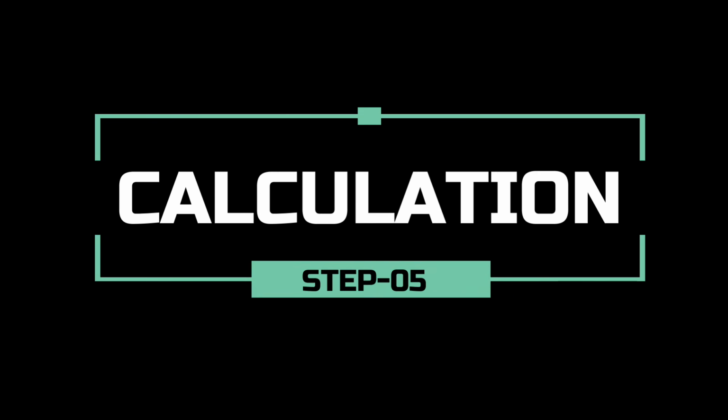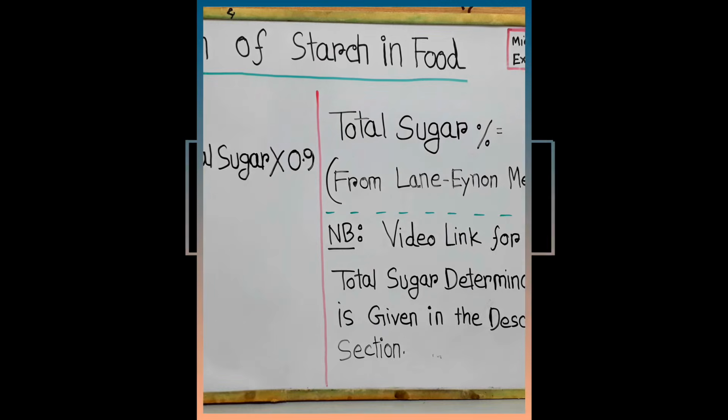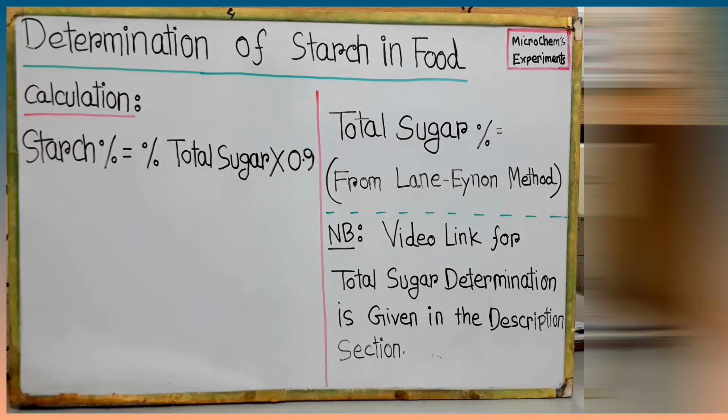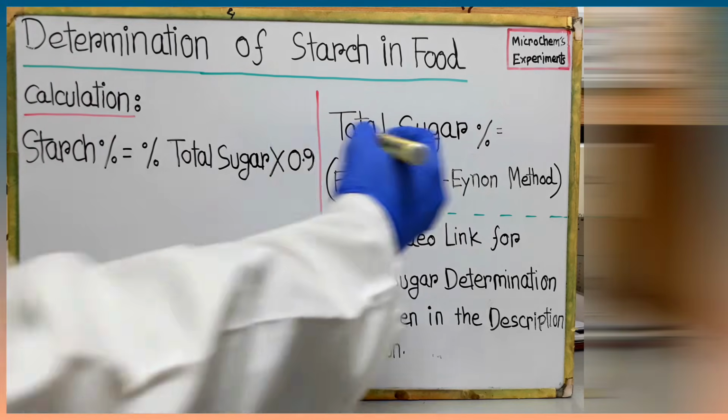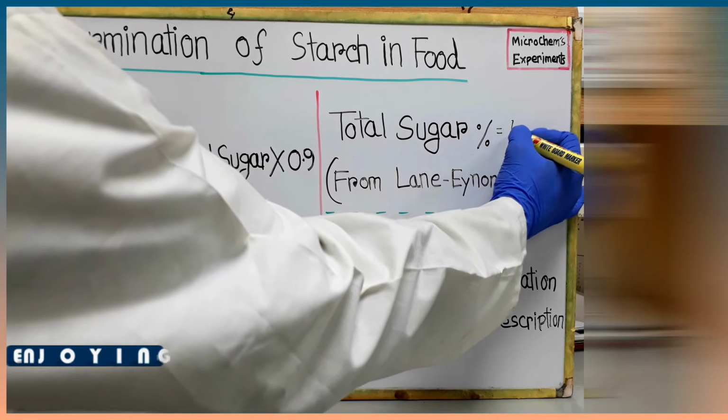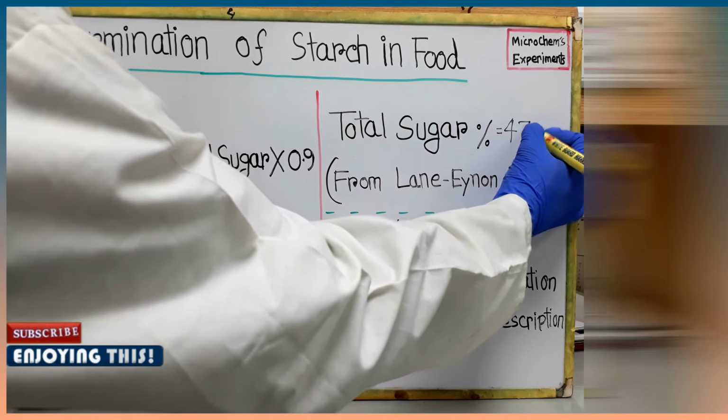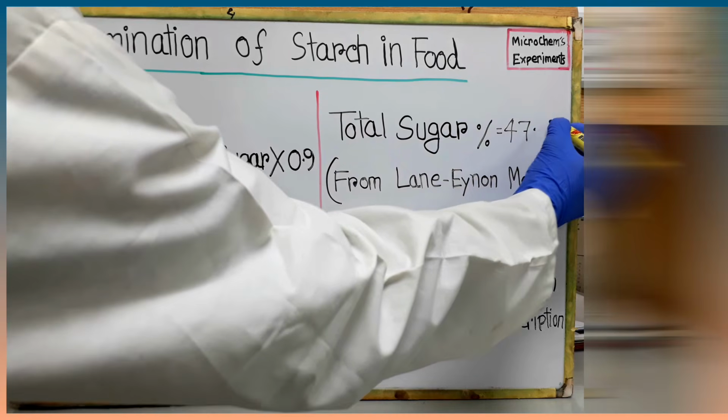Let's calculate the starch percent of our tested sample. We have got the total sugar percent of the sample solution is 47.5.